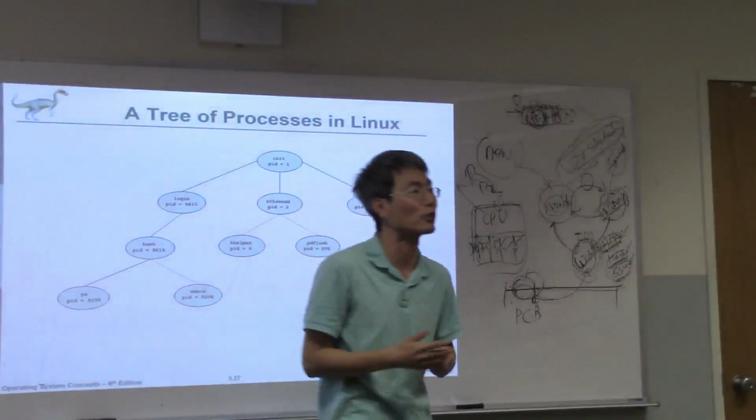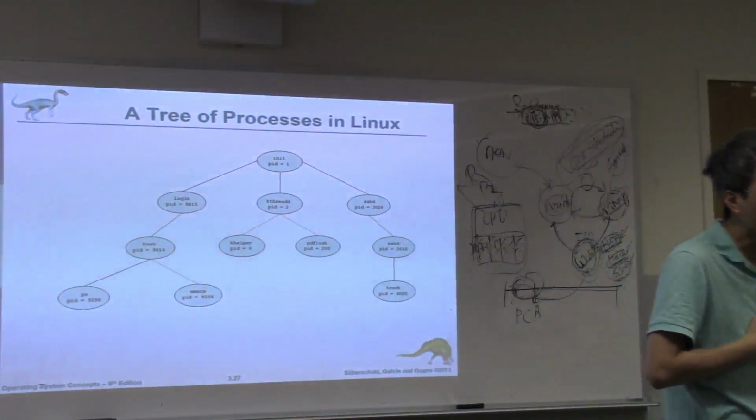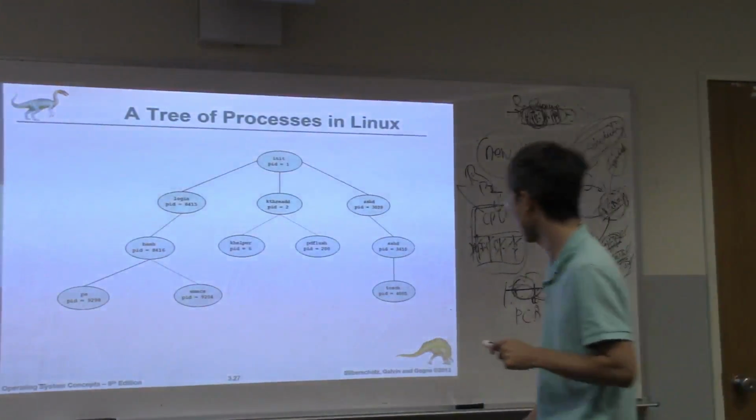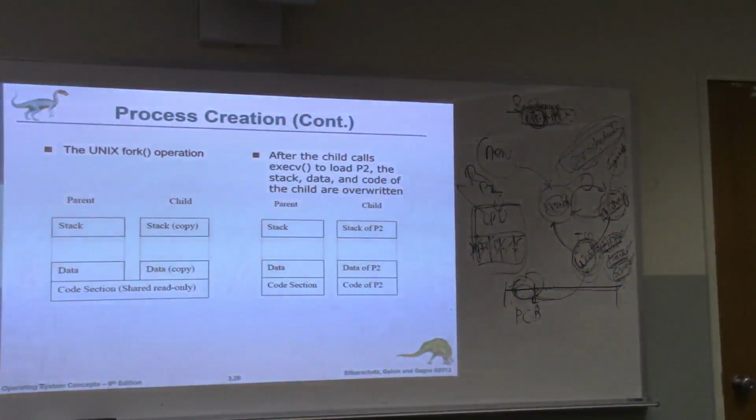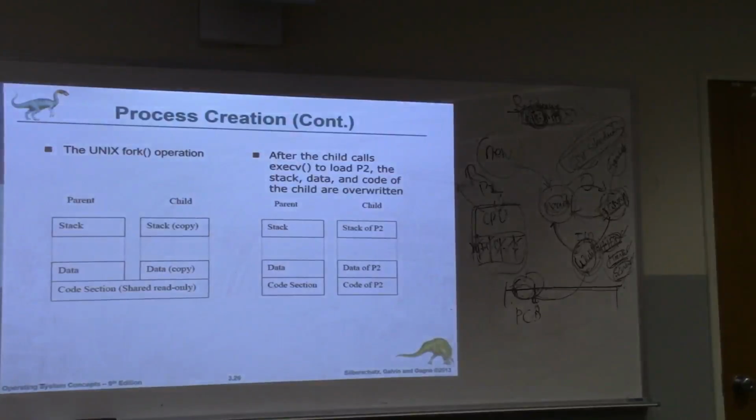What about Windows? Windows has the same architecture. It's a process structure. Okay, then there are 2 steps when you create the process. Windows, same. Linux, same. Even though the names of the system calls are different, it's basically the same thing.